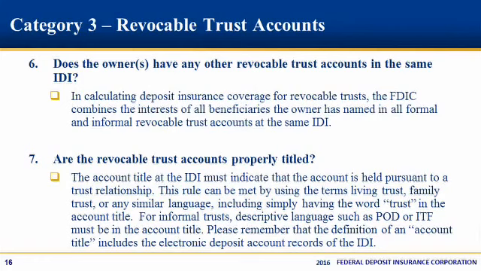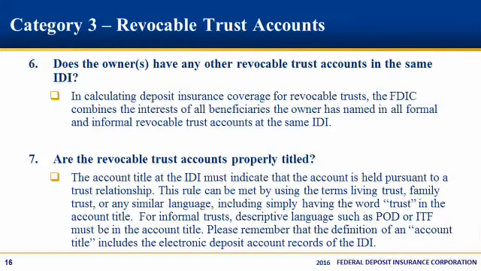The seventh and final question is, are the revocable trust accounts properly titled? This is easy. The account title at the bank must indicate that the account is linked to either a formal trust agreement or is a testamentary account that is recognized as such under state law.